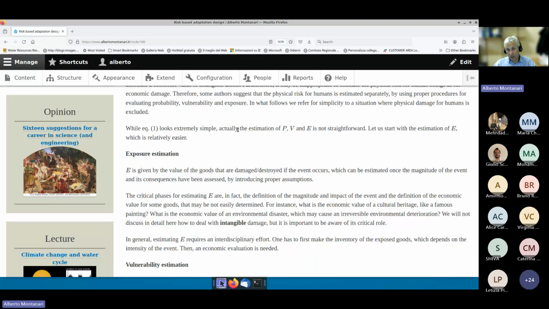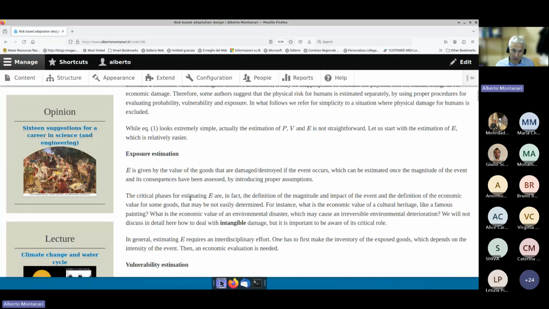So the media sometimes use the word risk not in an analytical context, not with an analytical meaning. Here we are discussing the scientific part of it, and we are very analytical, but still you have to be able to understand the meaning of risk. No matter if the language is the language of the media or of a scientist, you have to be able to distinguish, to understand the difference.